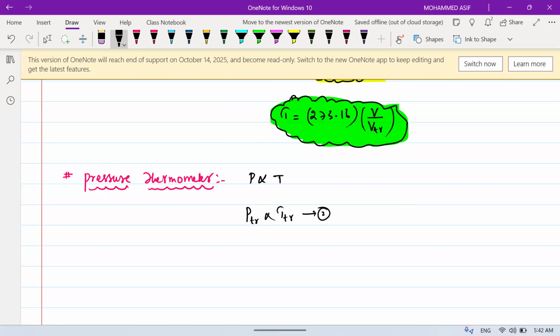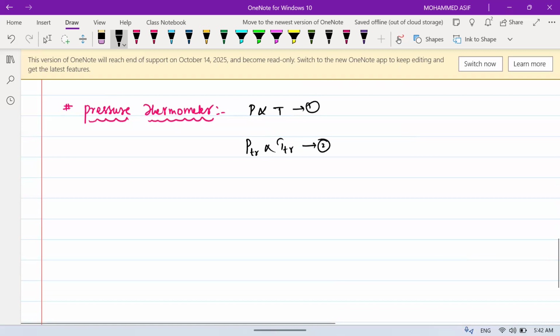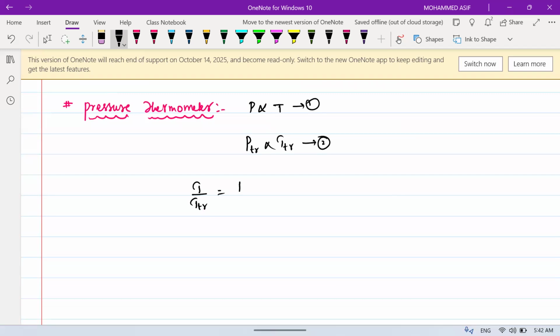This is my equation number 2 and this is my equation number 1. If I take the ratio of both of them, beta, T divided by temperature of your triple point is equals to P divided by pressure of your triple point. That means T is equals to P divided by pressure of your triple point multiplied by temperature of your triple point.